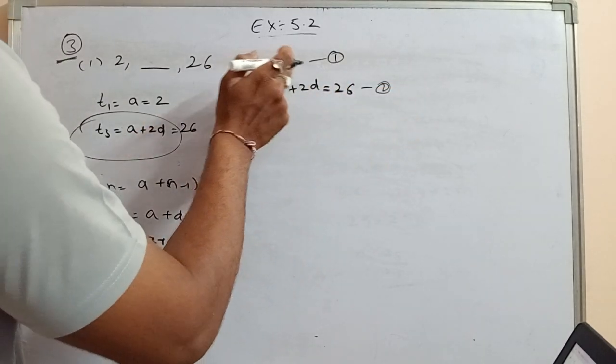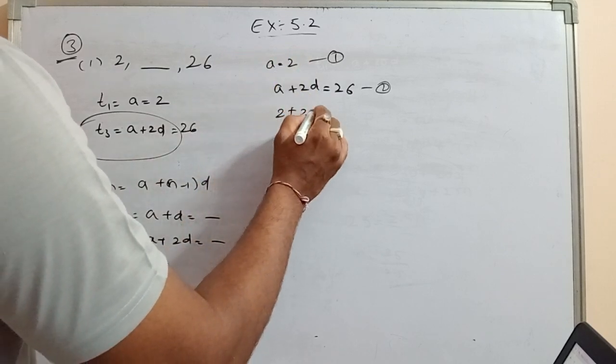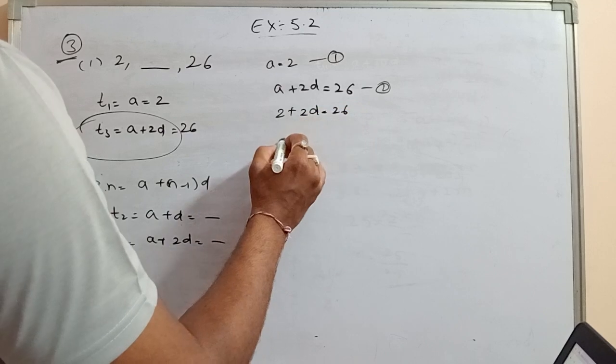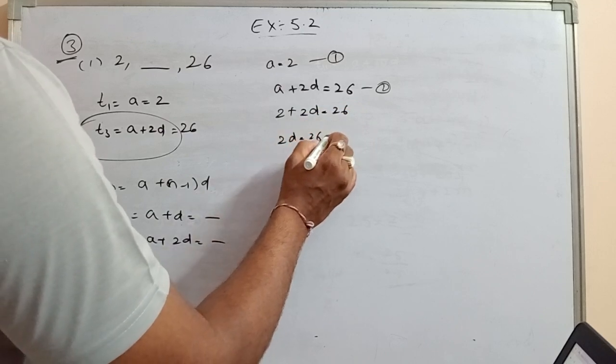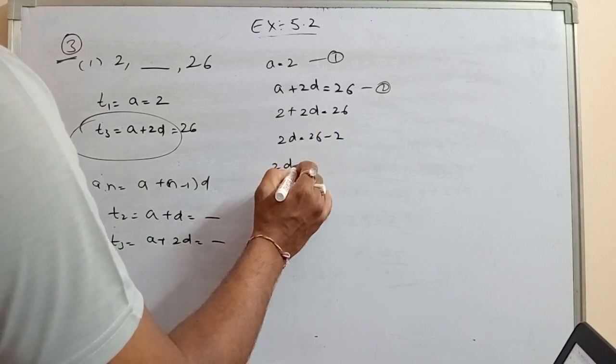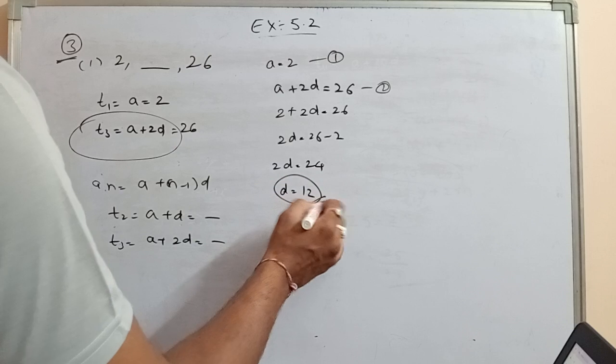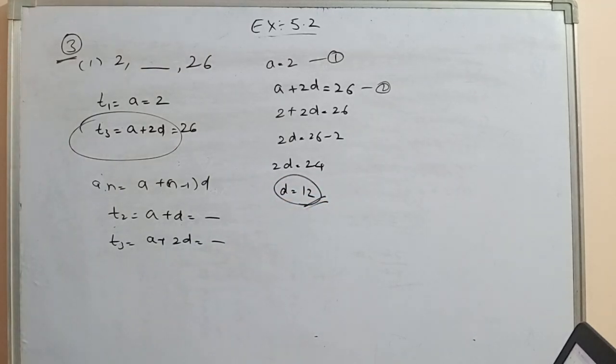Substitute the value of 2 in equation 2. So 2 plus 2d is equal to 26, right? So 2d is equal to 26 minus 2. When plus 2 goes to the other side, it becomes minus 2. So 2d is equal to 24 and the value of d will be 12.